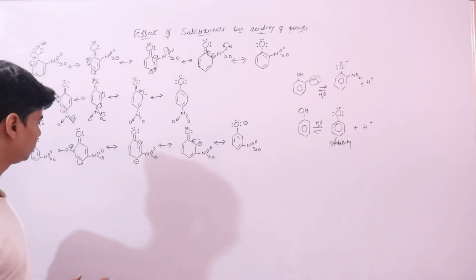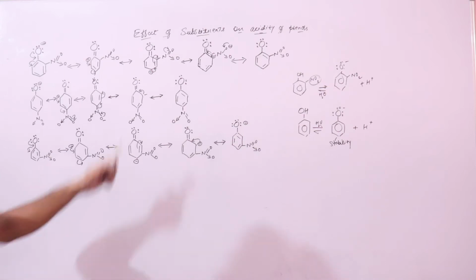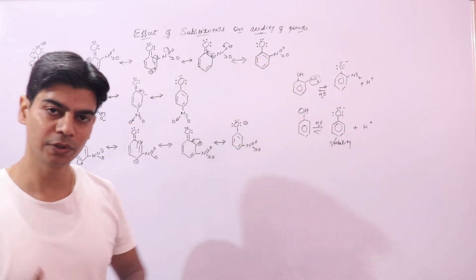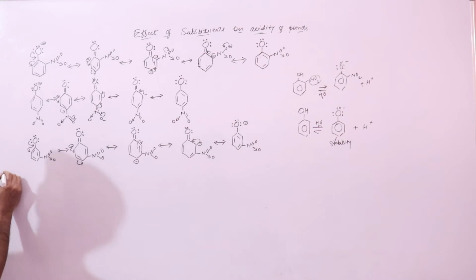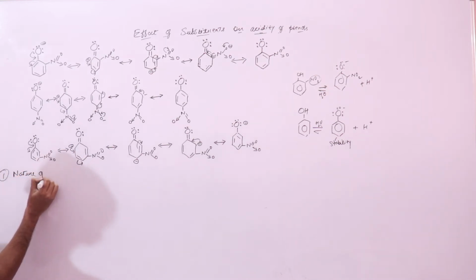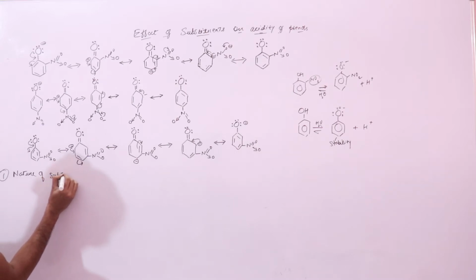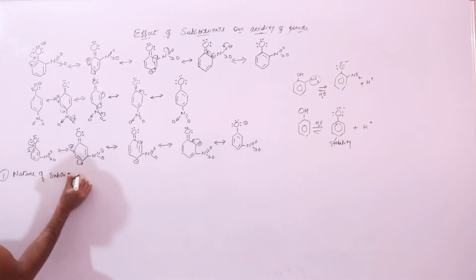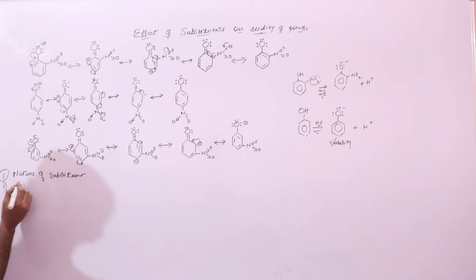So the effect of substituents on acidity of phenols depends on two things. The first is the nature of substituents. First would be whether it is an electron withdrawing group or an electron releasing group.